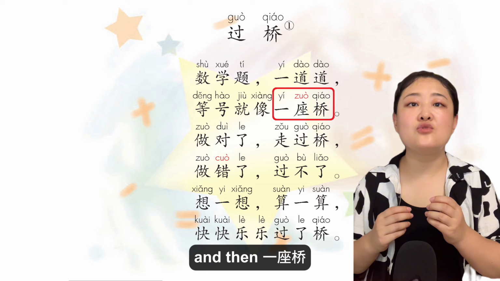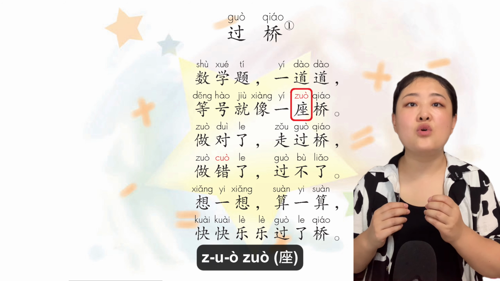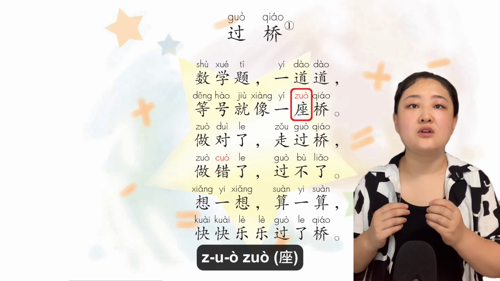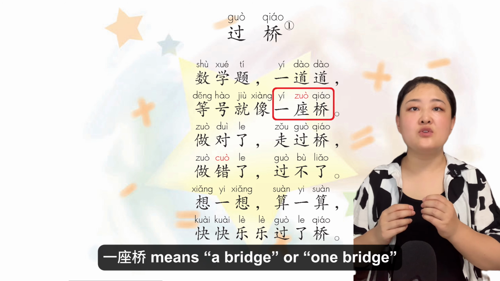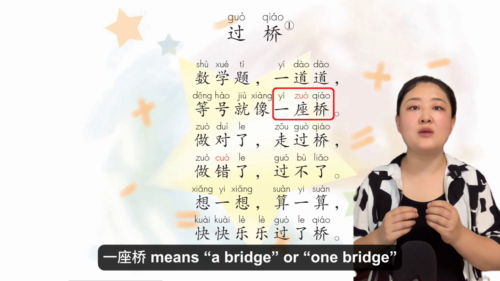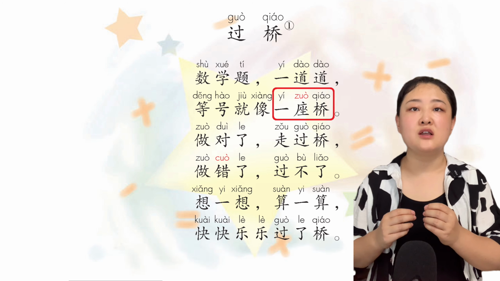And then 一座桥. 座 is the measure word for a 桥. 桥 means bridge. 一座桥 means a bridge or one bridge. 等号就像一座桥. The equals to symbol is just like a bridge.